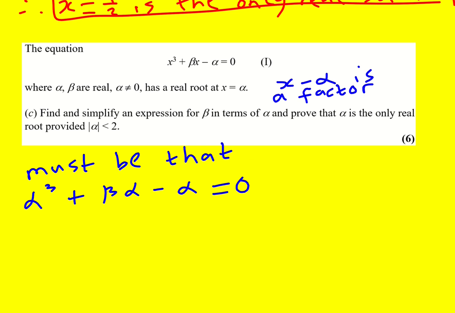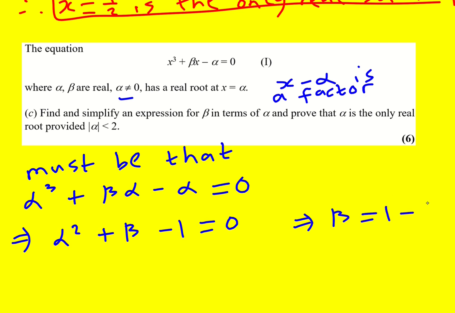We know that alpha is not equal to 0, so we can divide through. Alpha squared plus beta minus 1 is equal to 0. Therefore, beta is 1 minus alpha squared. Okay, that wasn't too bad.